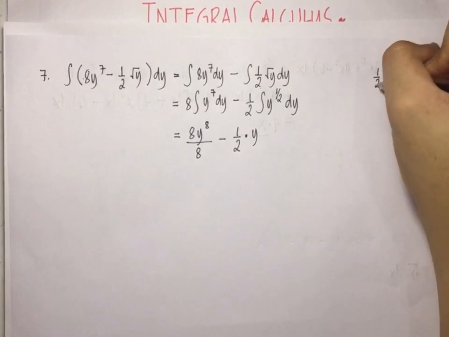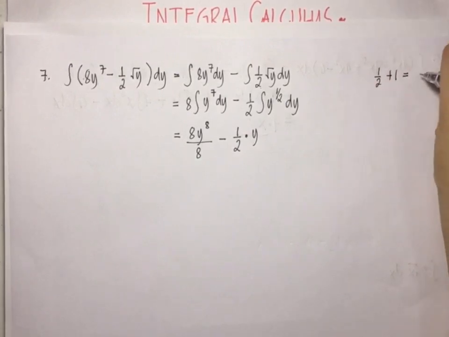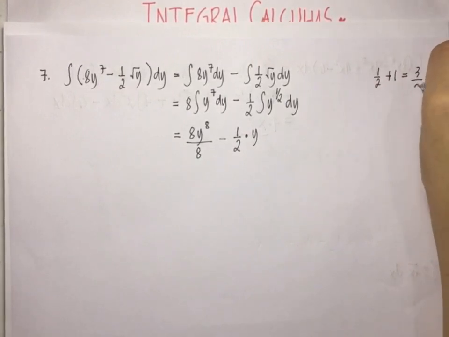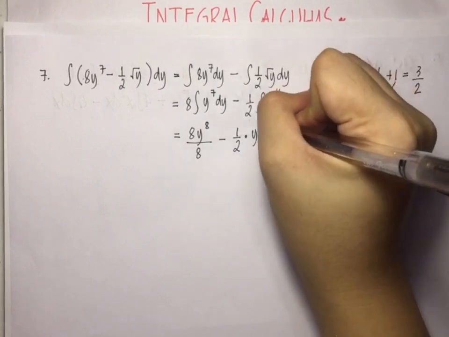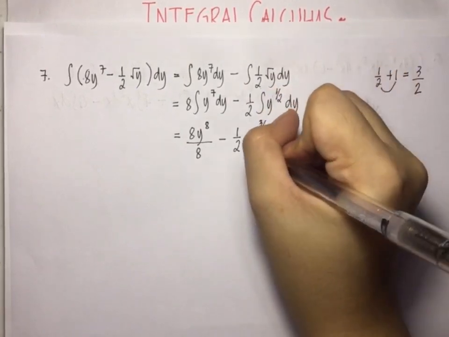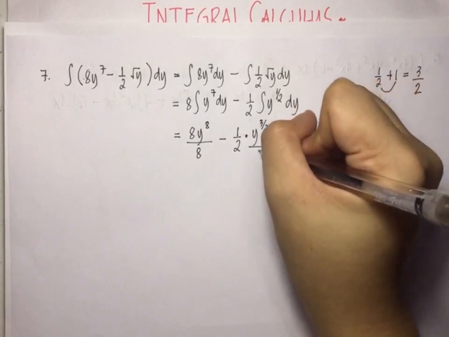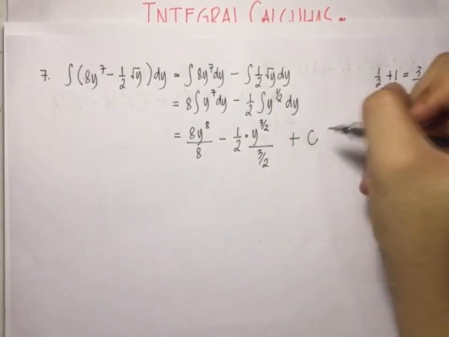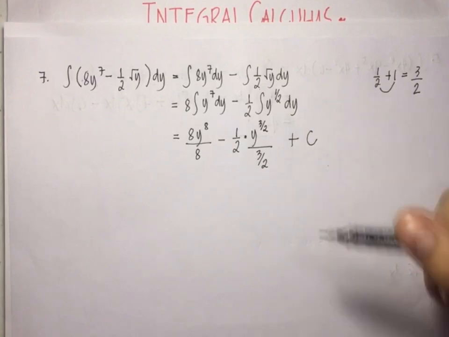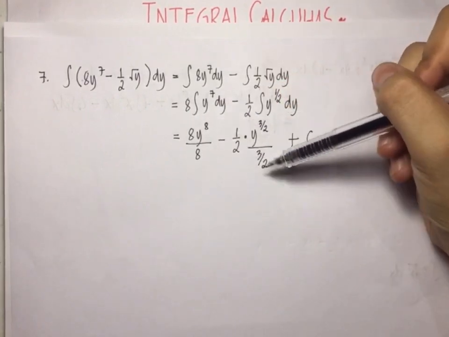Again, 1/2 plus 1 is equal to 3 over 2. 2 times 1 is 2, plus 1 is 3. Copy the denominator 2. So we have 3 over 2, divided by n plus 1, which is 3 halves. Then, plus c.